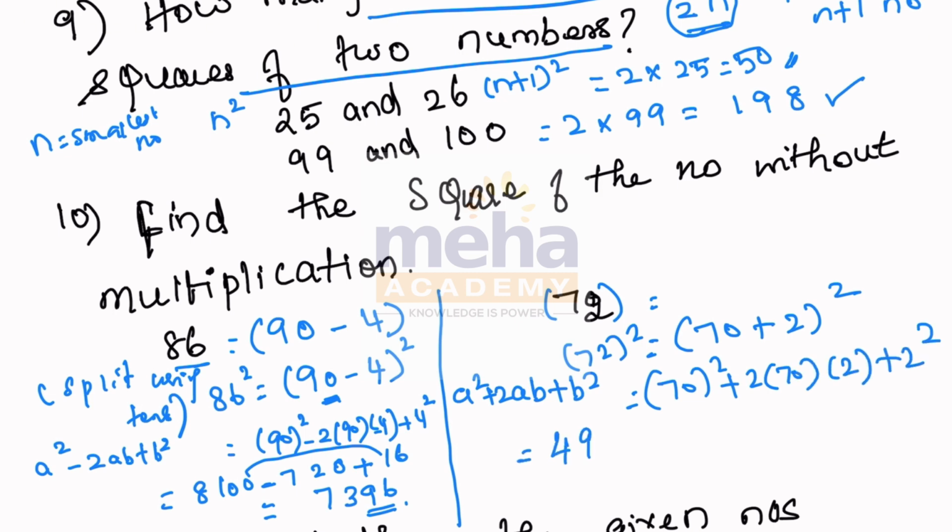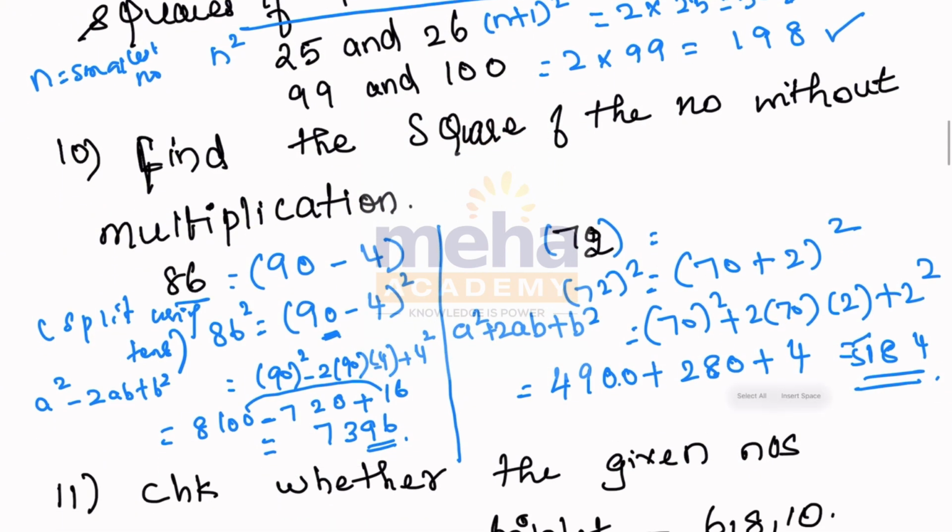That is 4900 plus 280 plus 4. That would be 5184. That is the answer. Next question.